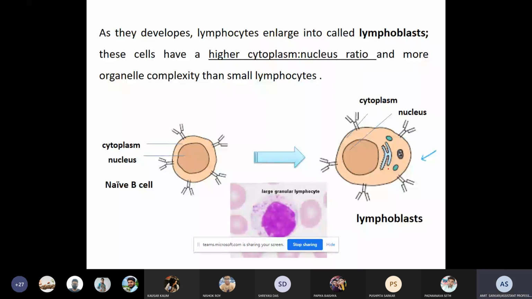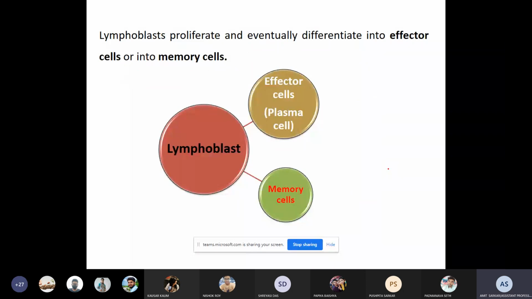Now this lymphoblast has the capability to proliferate even more and then differentiate into two kinds of cell, known as the effector cell and the memory cell.